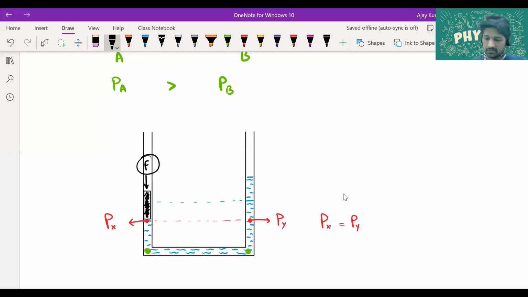What is creating additional pressure on the right side to balance it? This extra liquid. So the additional pressure we created on the left side is balanced by the pressure created by this liquid. Basically, it is rho g h. We had discussed all this in fluid statics. If this height is h, the pressure created by the force F on the left side is balanced by rho g h on the right side. Now, how did they make a thermometer out of this?